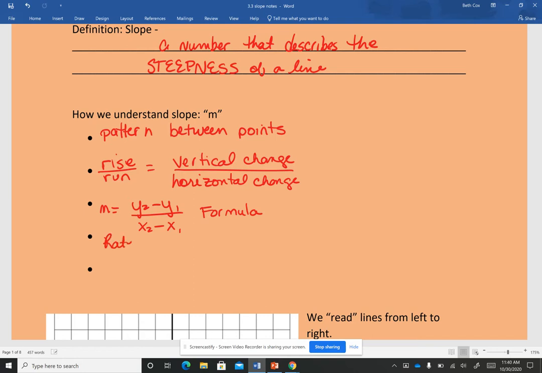Slope is also the rate of change. That is how it's applicable. So if you see something changing, say it's going up 20 pounds a week, then that would be a slope.